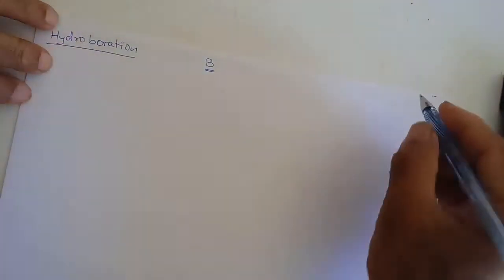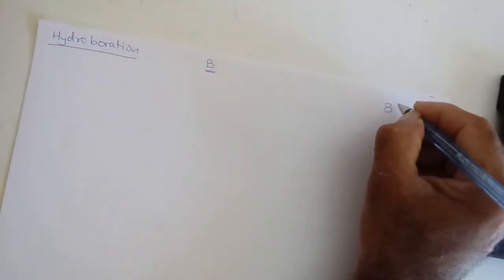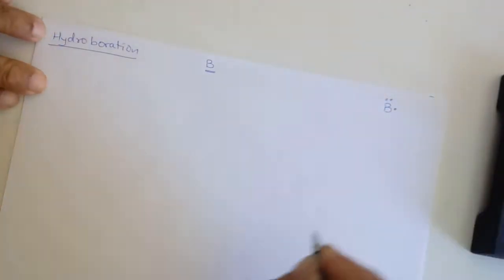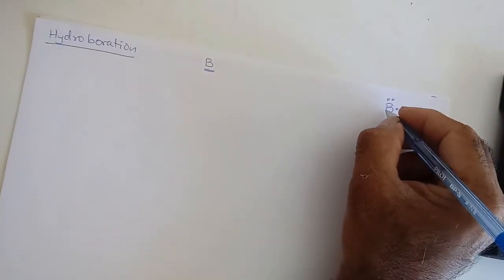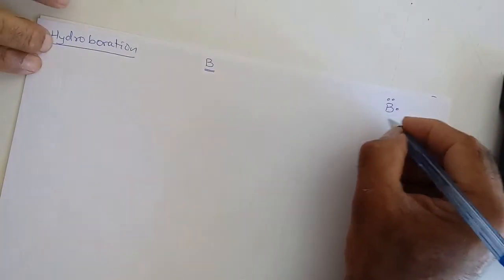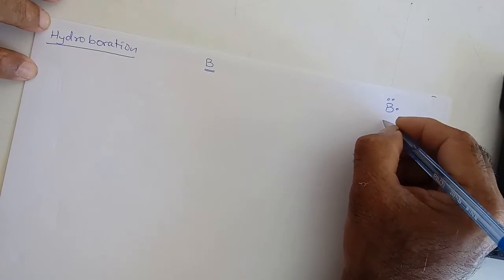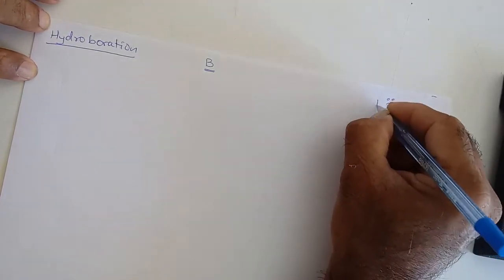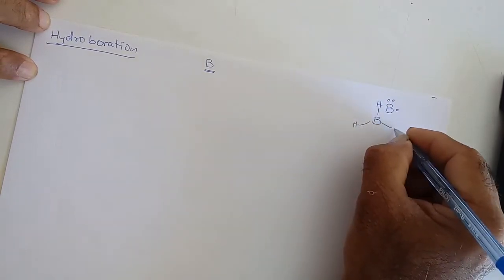What is boron? Boron is 1s2, 2s2, 2p1. It has only 3 electrons in its valence. So this is one of the atoms that can violate, and does violate, the octet rule. So if you take BH3, borane is an sp2 hybrid.